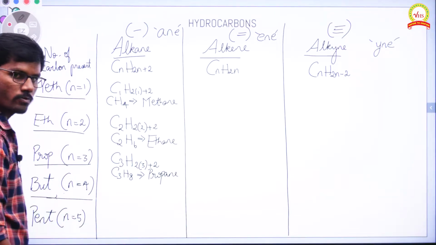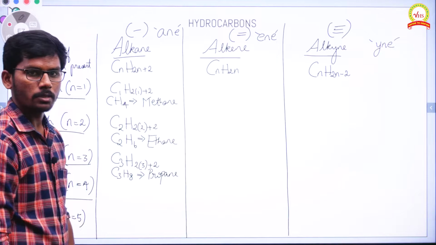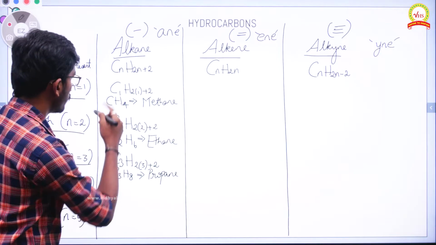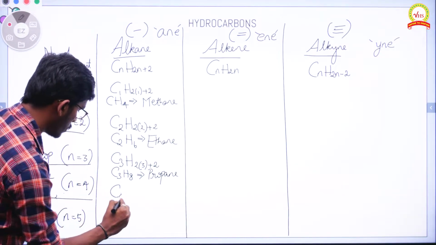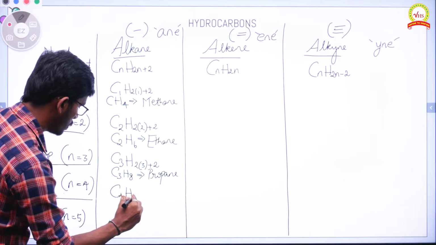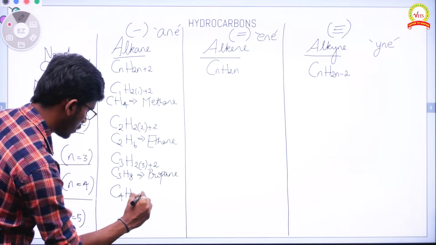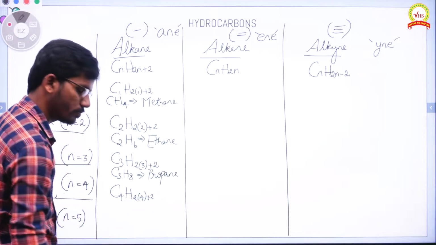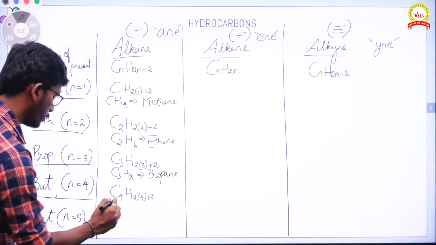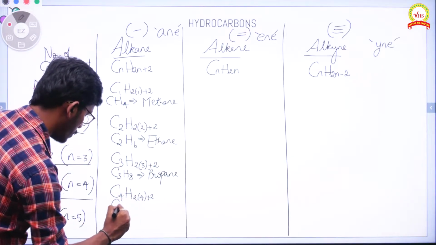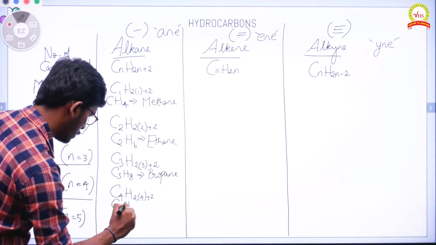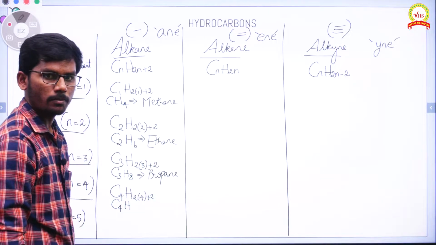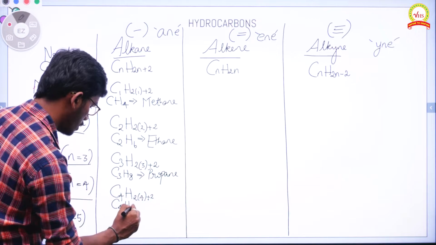So, but, we are going to see for the 4 carbon atoms present in a compound. So, the formula we are going to substitute is C4H 2 into 4 plus 2. So, what is going to be the final value? C4H, 2 4s are 8, 8 plus 2 is 10. So C4H10.